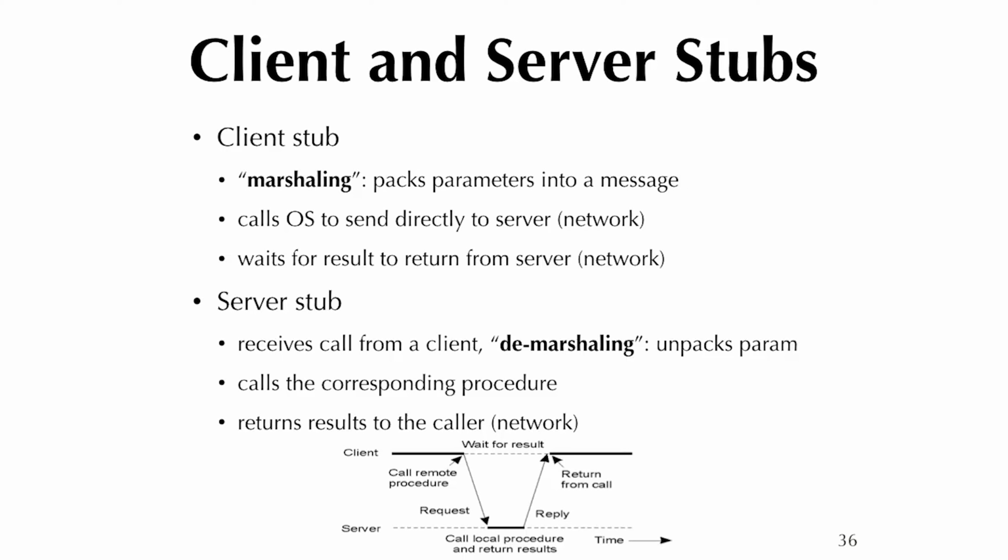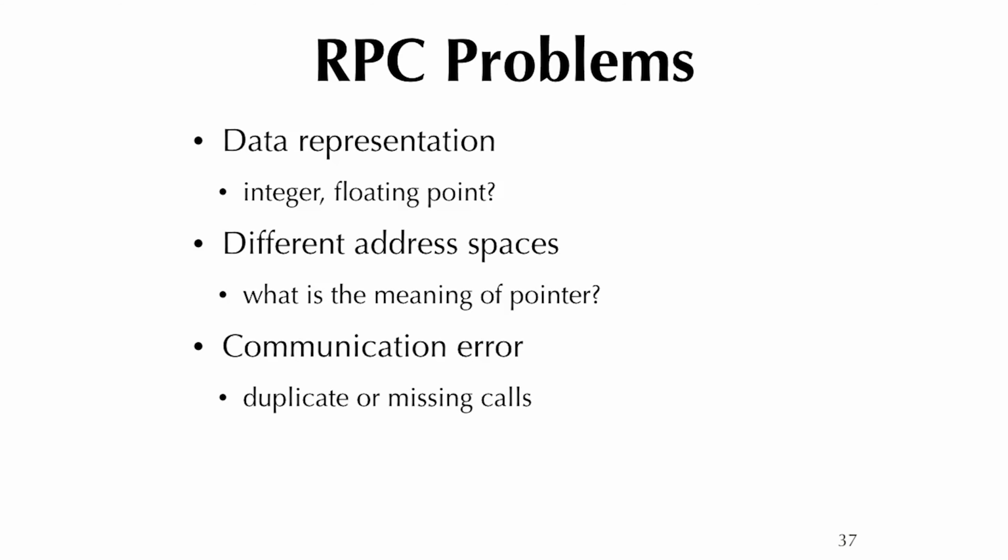Because when you call from, say, an Intel machine to a PowerPC or some other machine, your integers may be represented in entirely different ways, right? And there's other encoding too; even character encoding could be different. Those translations have to be done in the process of marshalling and demarshalling, okay? And also the return value and so forth.